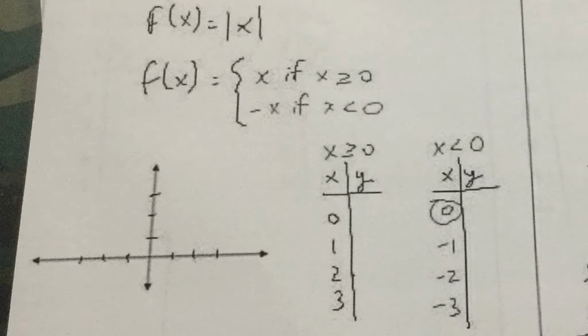So let's see what happens. If I plug in 0 for x, that goes here, then my y value that comes out is just x, which is 0. If I plug in 1, again, that fits here. My y value is just 1. If I plug in 2, it's 2. If I plug in 3, it's 3.